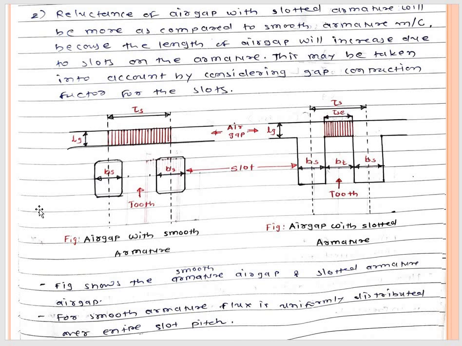Now the figures show the smooth armature air gap and the slotted armature air gap. For smooth armature, flux is uniformly distributed over the entire slot. In this figure we can see that these red lines show the flux uniformly distributed in the air gap with the smooth armature.